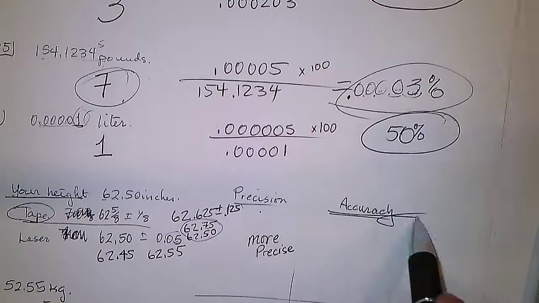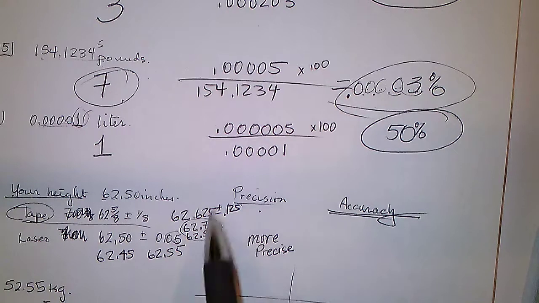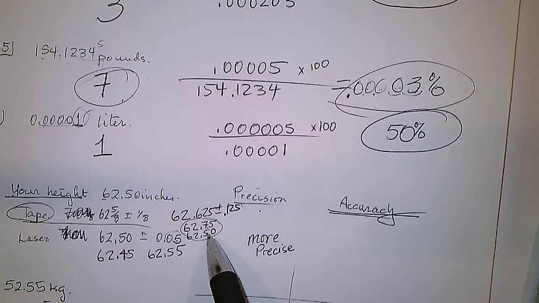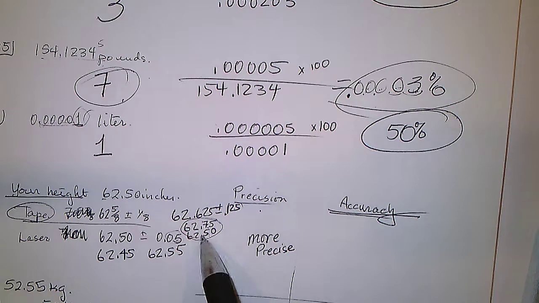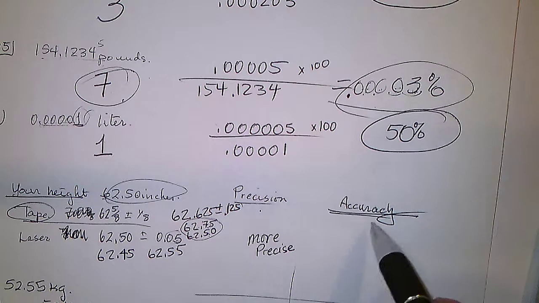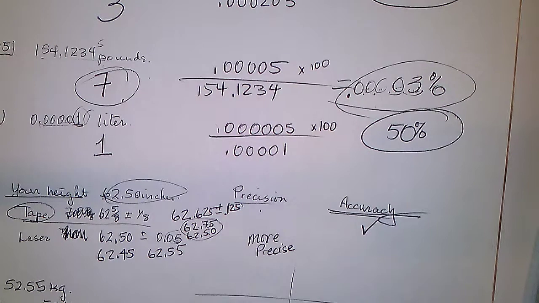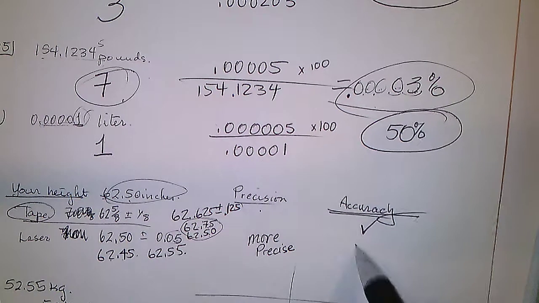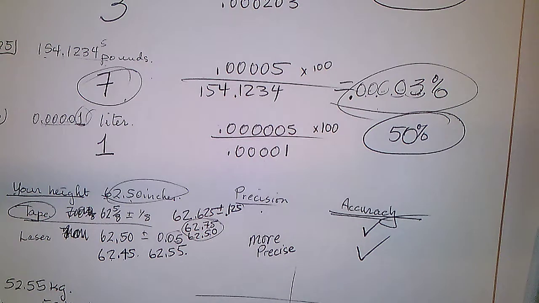And then, which one got you right? Well, this says that you're somewhere between 62.5 and 62.75. You are 62.5, so it got it right. How about this one? It says you're between 62.45 and 62.55. Got it right. They're both accurate.